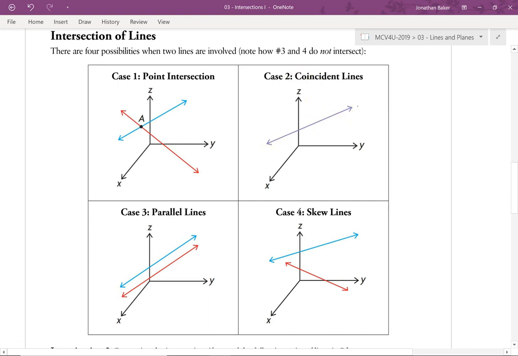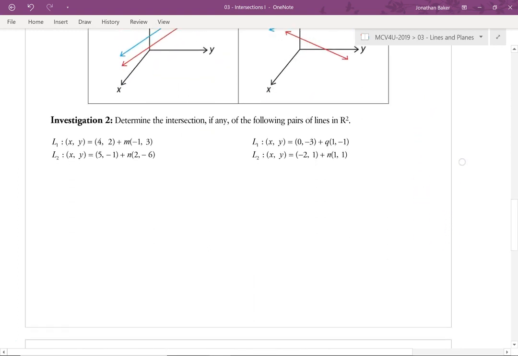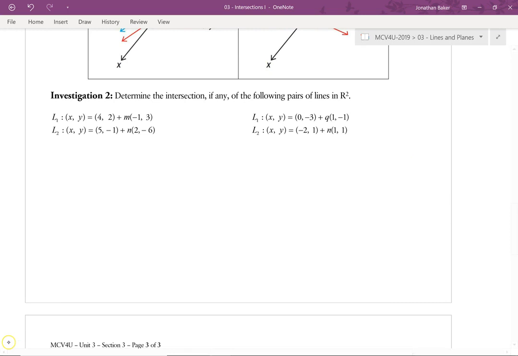Now before we get to these, what I want to do is look quickly at finding intersections in 2 space. So in grade 9 when you were given 2 lines and told to find an intersection, it was really just a matter of solving them for y, equating them, and then solving for x. So if we had something like y equals x plus 1 and y equals 2x minus 1, you could equate the y's, so x plus 1 equals 2x minus 1, solve for x, and you'd get your x coordinate of the point of intersection.